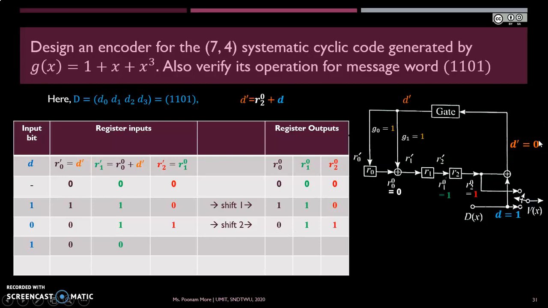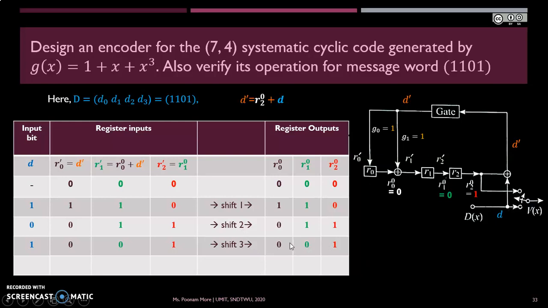Modulo 2 addition with 0 is coming out as 0. So we will go for the next value now, that is R2 dash, which is equal to R10, and that is here 1. So therefore it is equal to 1. So with the shift, the output of every register will become 0, 0, 1.